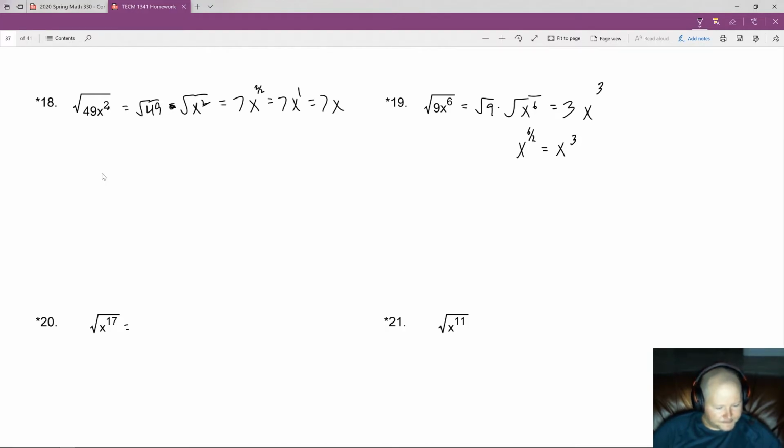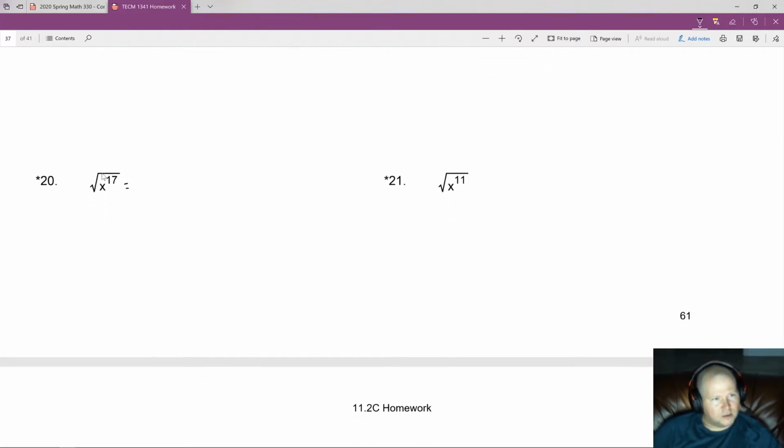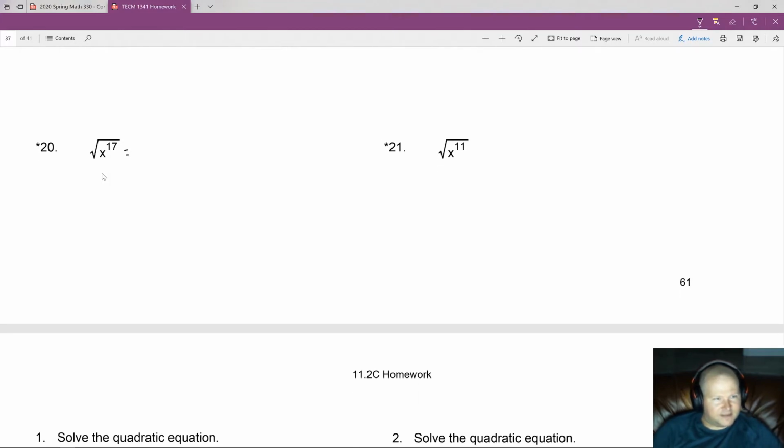Next over here, on 20, we have x to the 17th. So what we would do is we would say, well, 17 divided by 2. Now this was a little bit different in that we don't get a nice even number, right? 17 is an odd number. Even means you can divide by 2, odd means you can't. So in this case, we're going to end up with a remainder. 17 divided by 2 is 8. 8 times 2 is 16. 17 minus 16 is 1, remainder of 1.